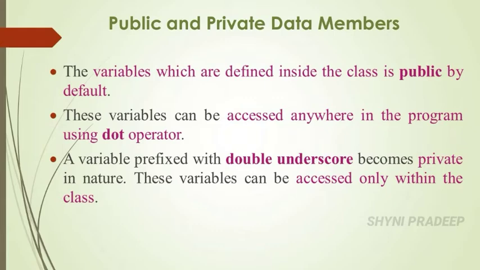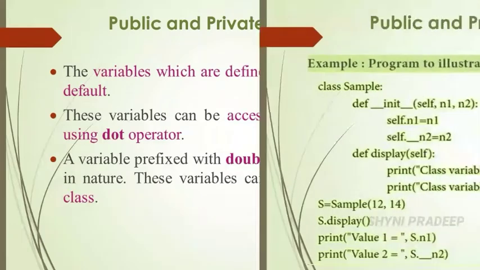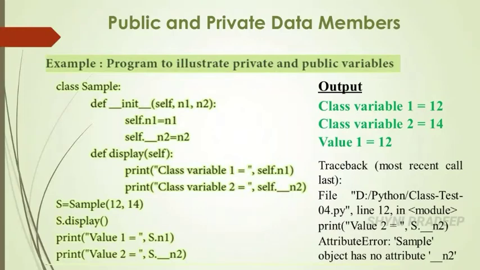So if you want to create private variables, you have to write double underscore with that variable. These variables can be accessed only within the class. Let us see one program to illustrate private and public variables.